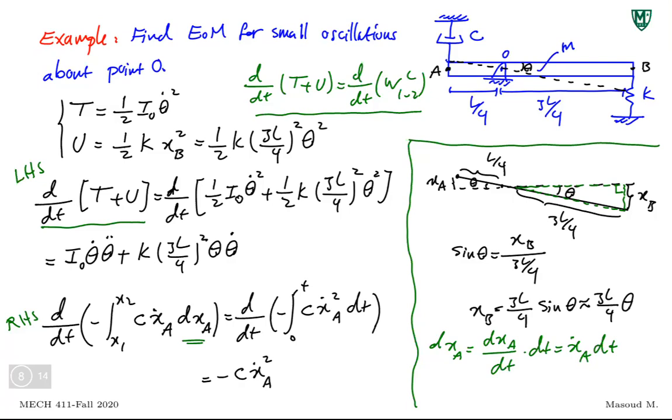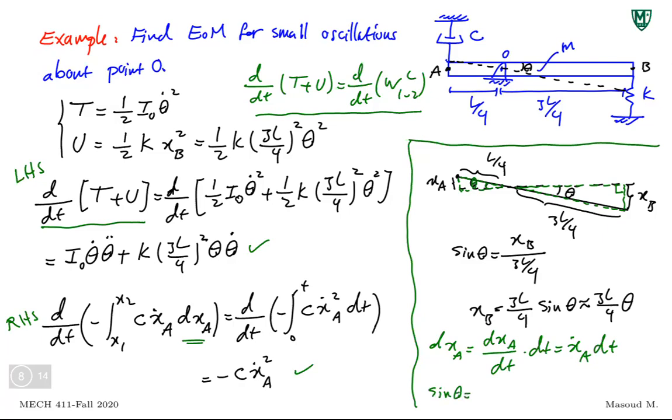So the only problem left is that I wrote everything based on theta. The left-hand side is based on theta, and now the right-hand side is based on x, xA or x dot A. So I have to go back to the geometry again and write xA as a function of theta, which is pretty straightforward. If you look at this triangle on this side, and this is still theta, you can write xA, the same story as for the previous one.